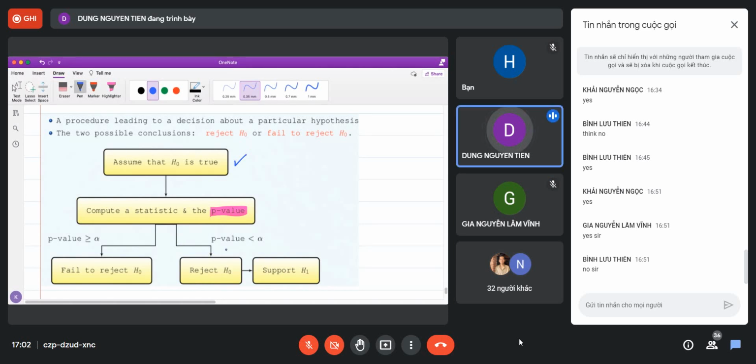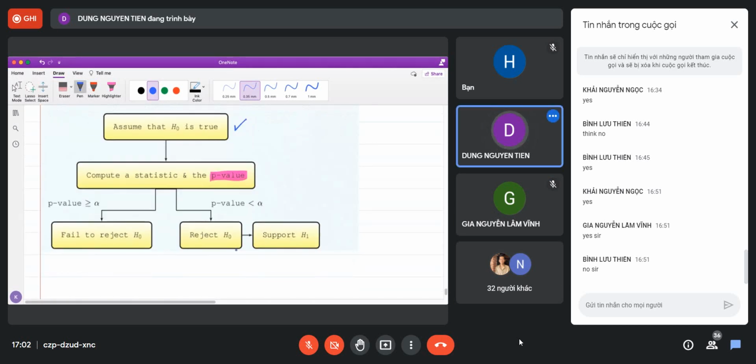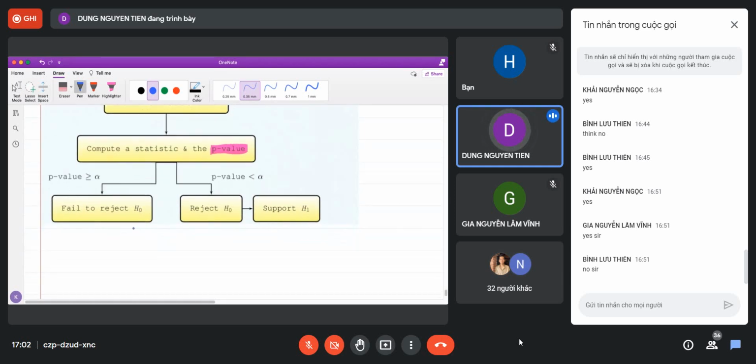All right. So now, if you have a look at this diagram, you can support H1, but there is no way that you can support H0. Am I right? Because when you say we fail to reject the null hypothesis, it does not mean that the null hypothesis is true. Understand?